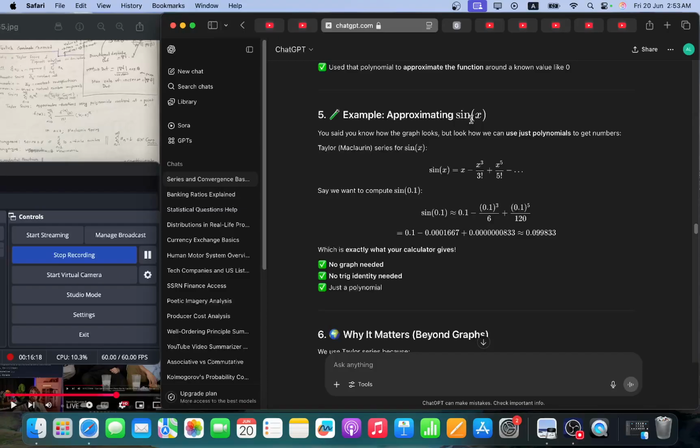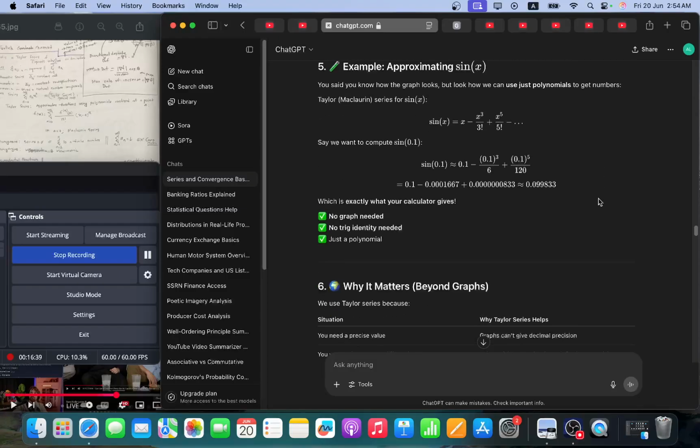Example: approximating sine x, we just do this, and then we approximate sine x at this point, and so we now have this formula. Once we insert the point, it gives you a number, and that is a good approximation, and it approximates better, I think, as we add more terms. So the latter one probably approximates better.